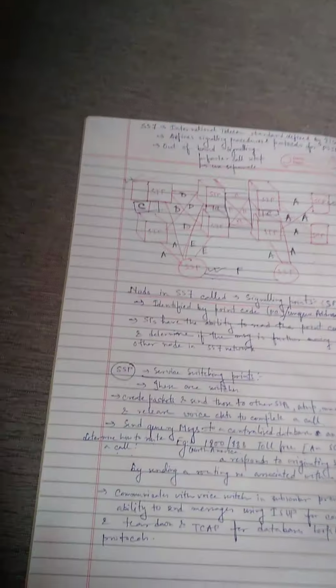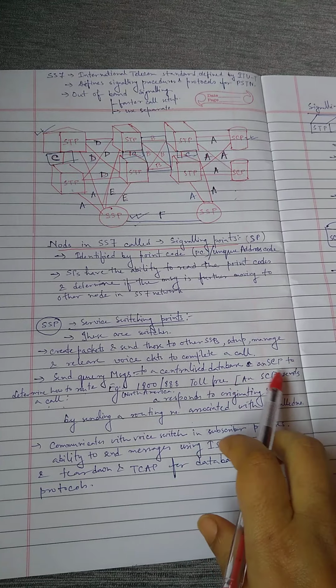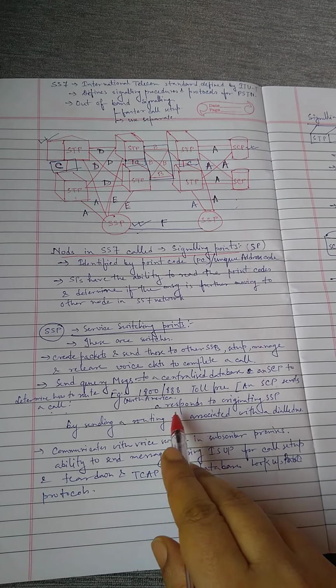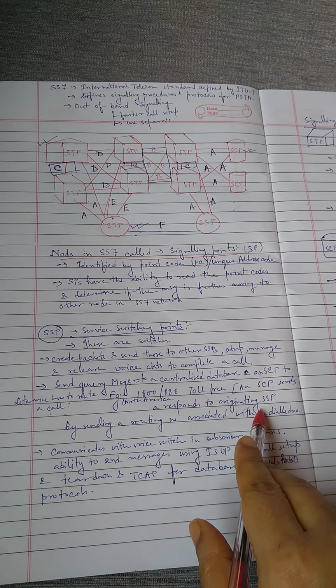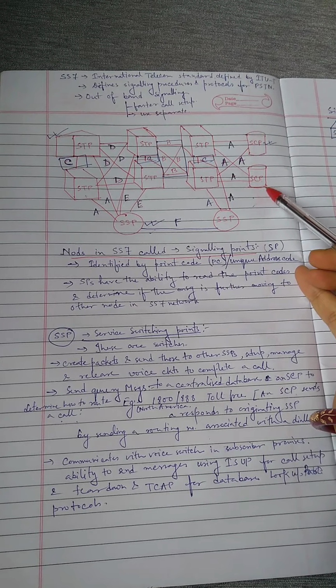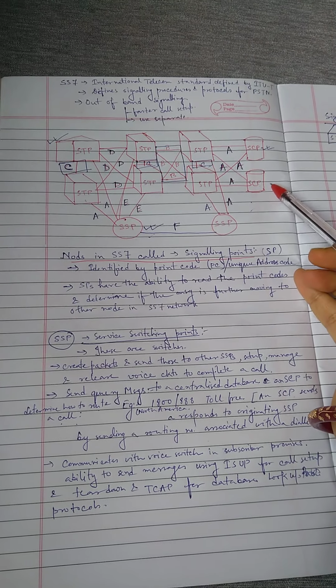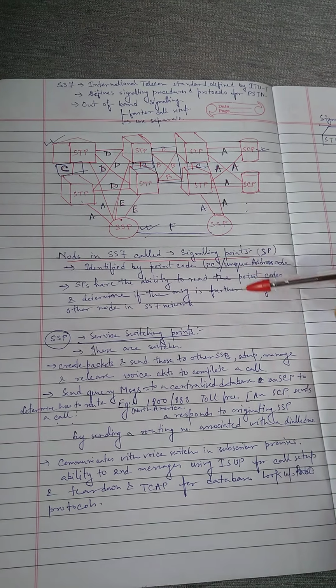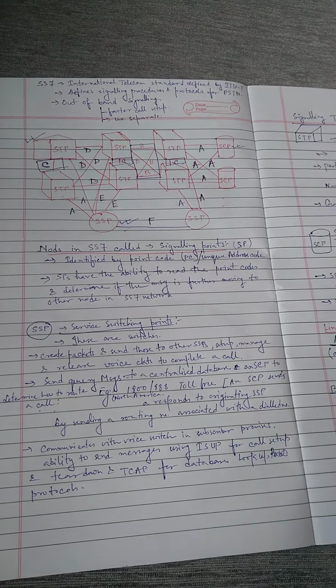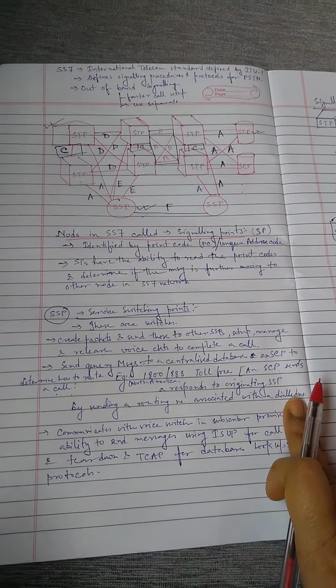So an SCP sends a response to the originating SSP by sending a routing number associated with the dialed number. As the SCP works as an interface between the database and the SS7 network, the SCP will help us control these query messages.